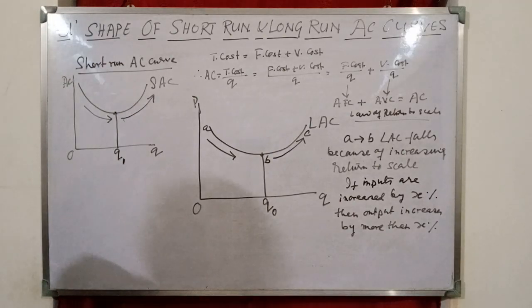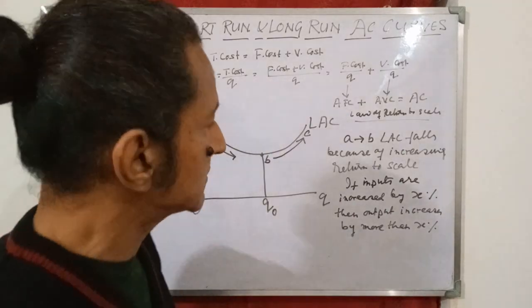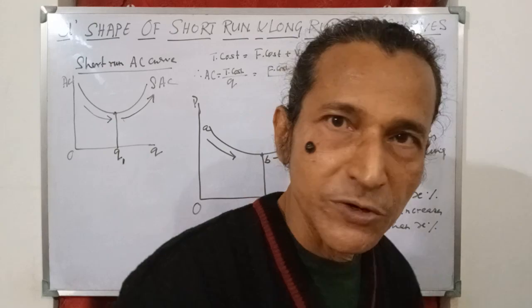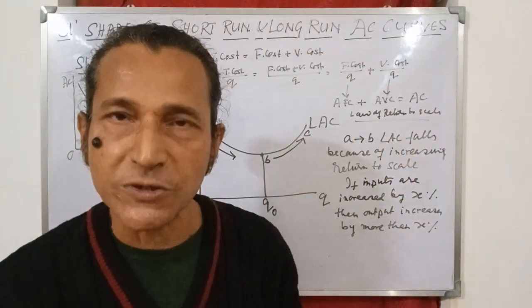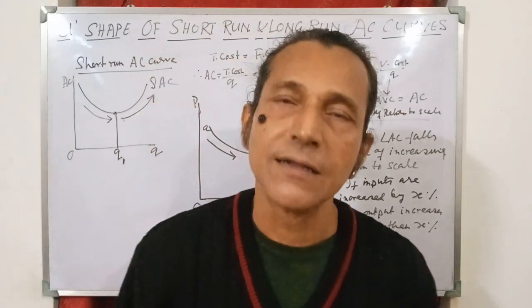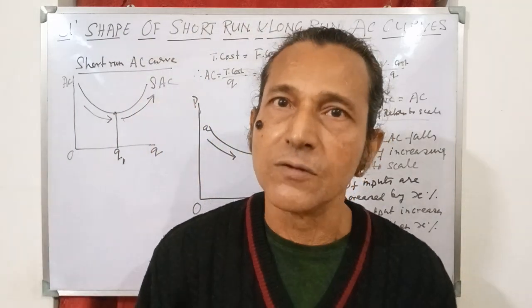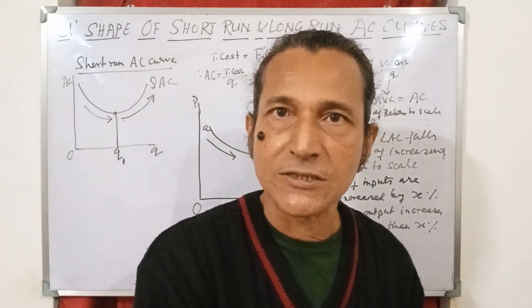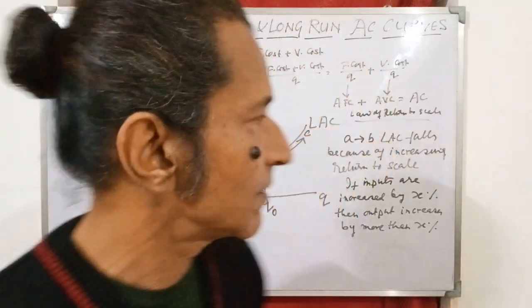That is, output increases by greater proportion than a given proportional increase in inputs. As a result, the average cost falls and the long run average cost curve comes down.